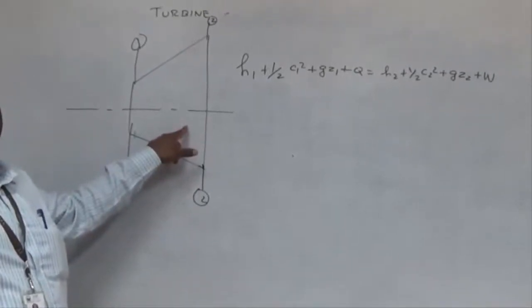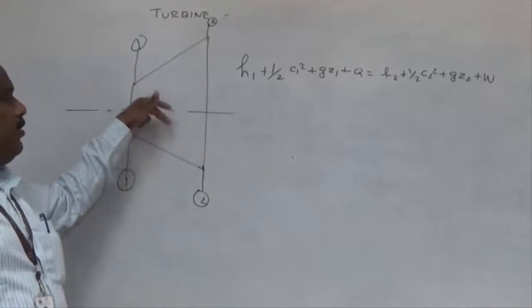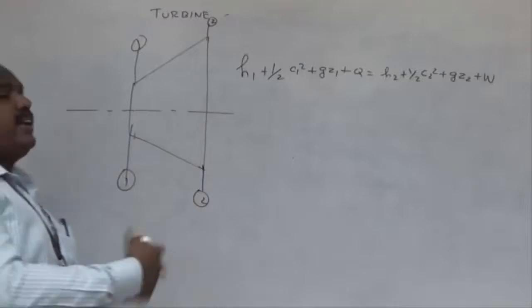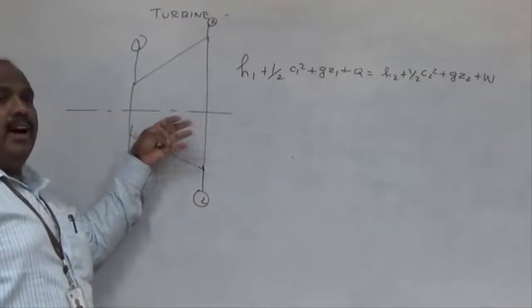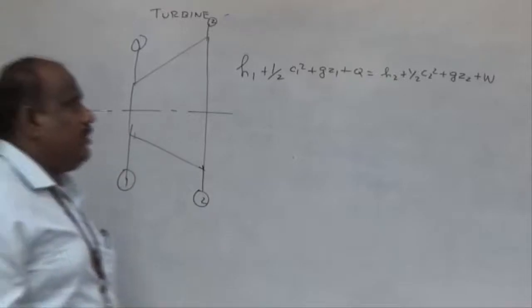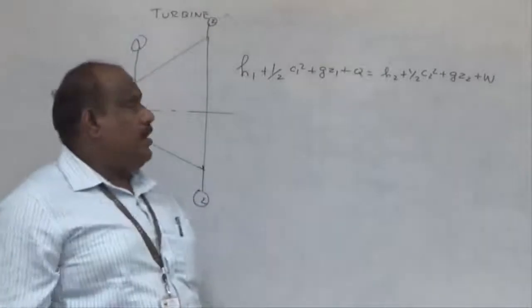Whether W will be there or not? It will be there, along with the flow work P2 V2 minus P1 V1. There will also be power produced by the turbine because these are rotating components. When the steam comes in, the blades may rotate. Is the work positive or negative? Positive, because work is produced by the system.